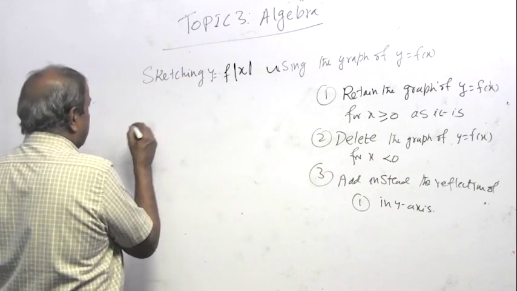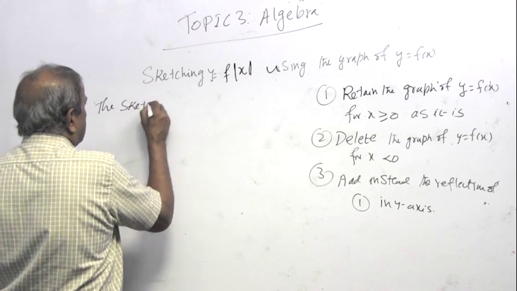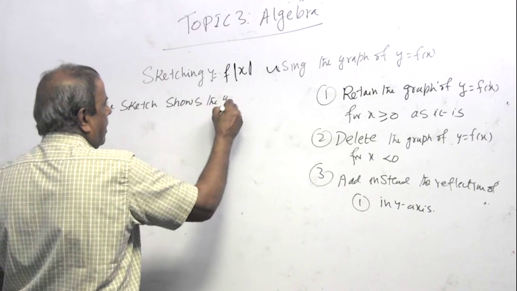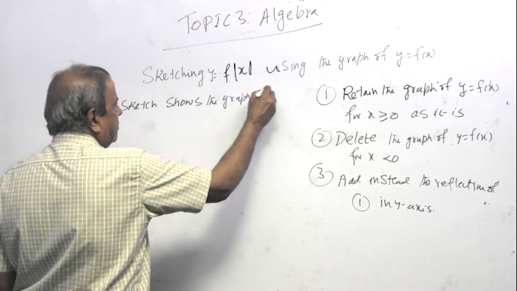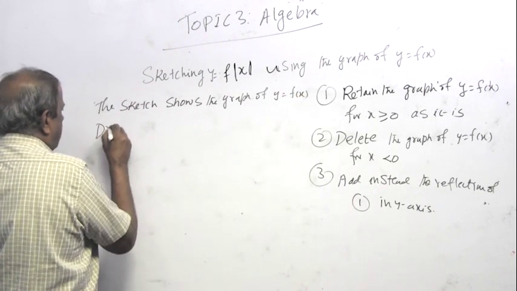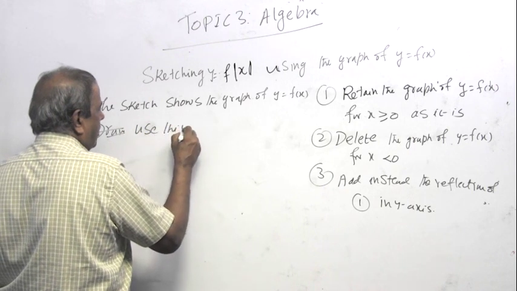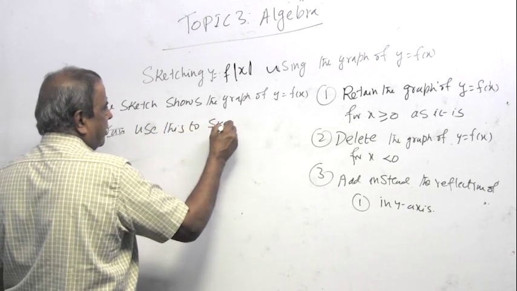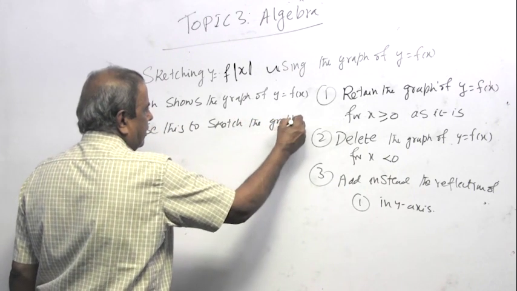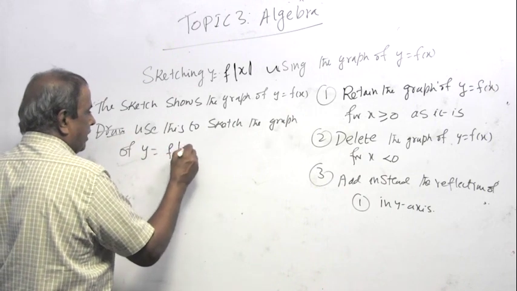So let me just take one example. The sketch shows the graph of y equal to f of x. Draw or use this to sketch the graph of y equal to f modulus x.